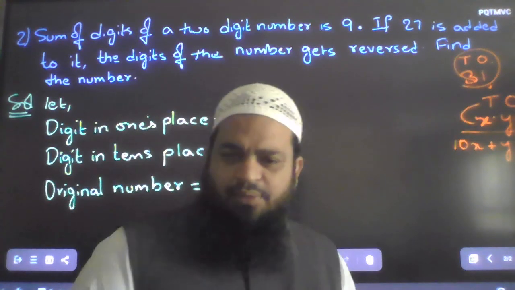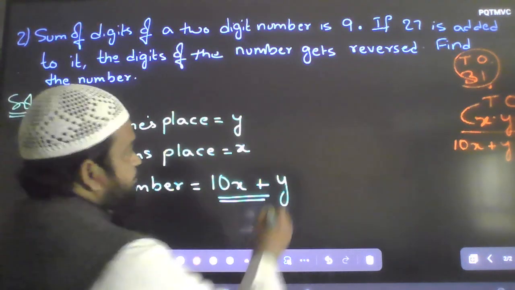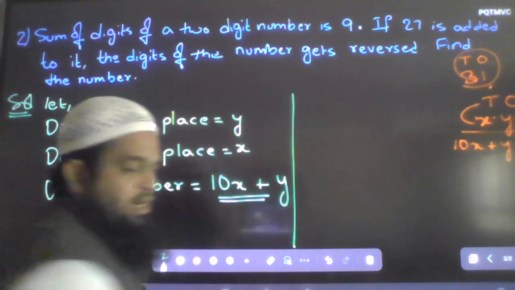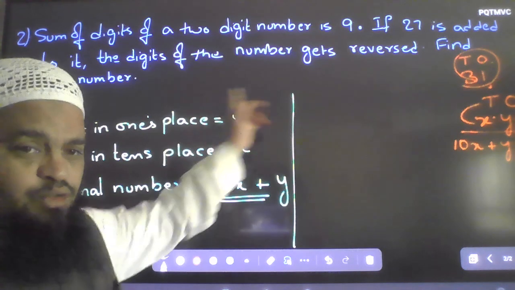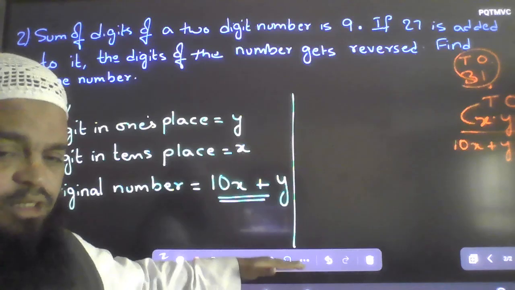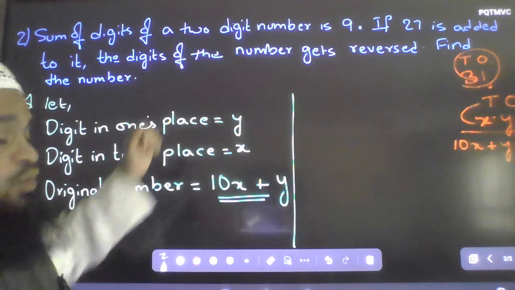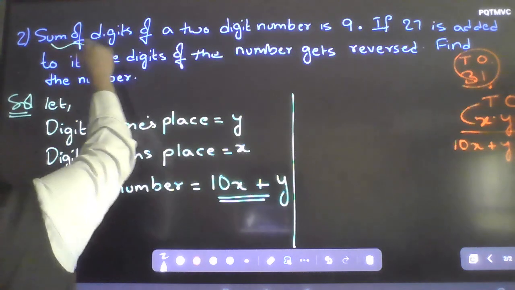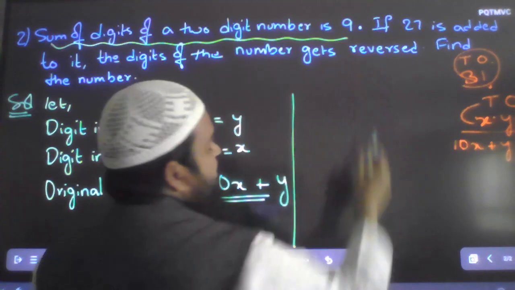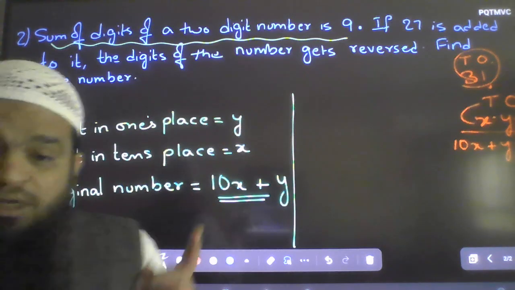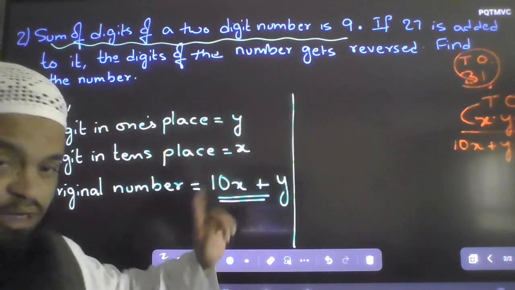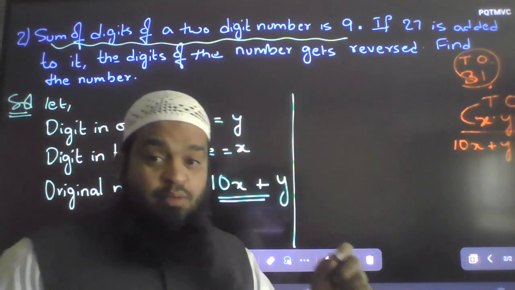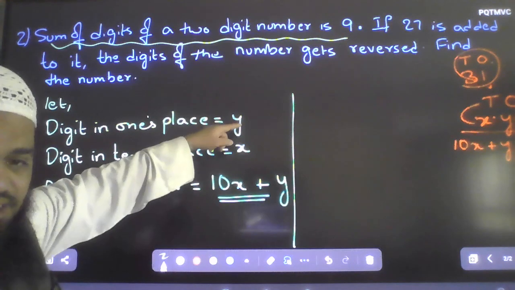Understood, my dear students? Now let us go. I don't have place, so I'm writing it here. You have to write actually one below the other. What is given here? Sum of digits is 9. So he's talking about digits, not about the number. What are the digits? x and y.